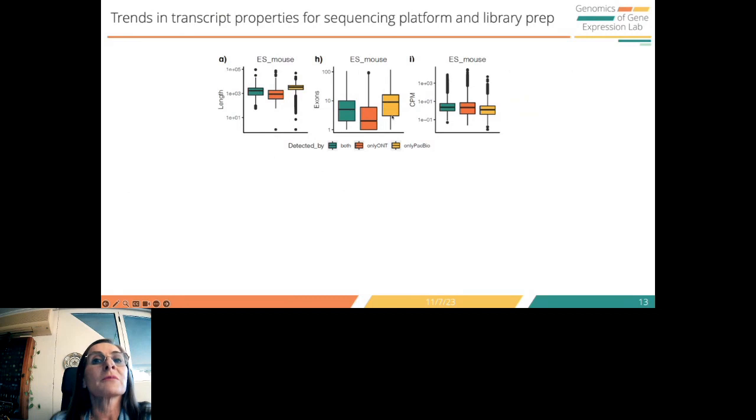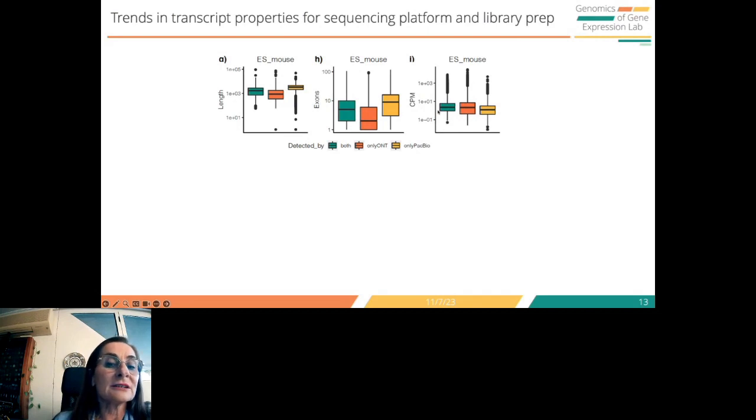So only PacBio gave in general transcripts with more exons. And regarding the counts per million, so the expression levels, what we found is that in general, PacBio was able to identify transcripts with lower counts than nanopore, even if we had more data in the nanopore platforms.